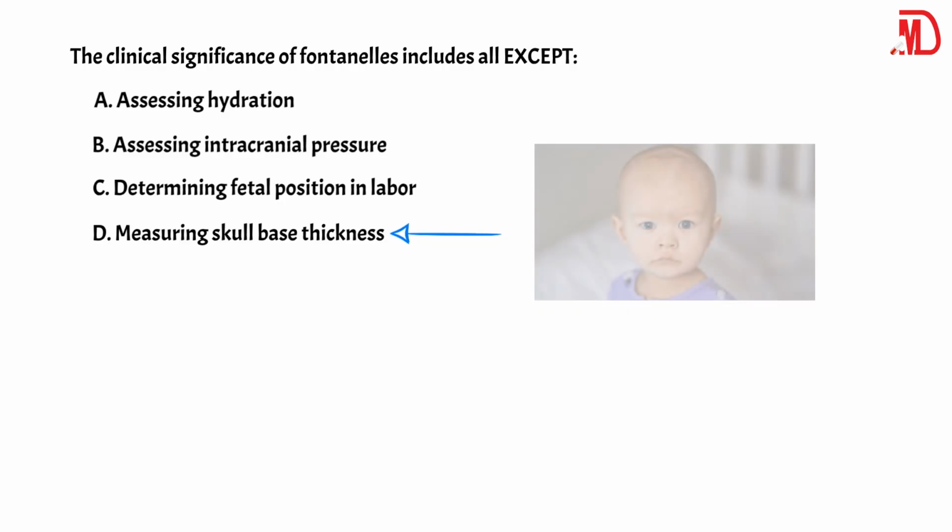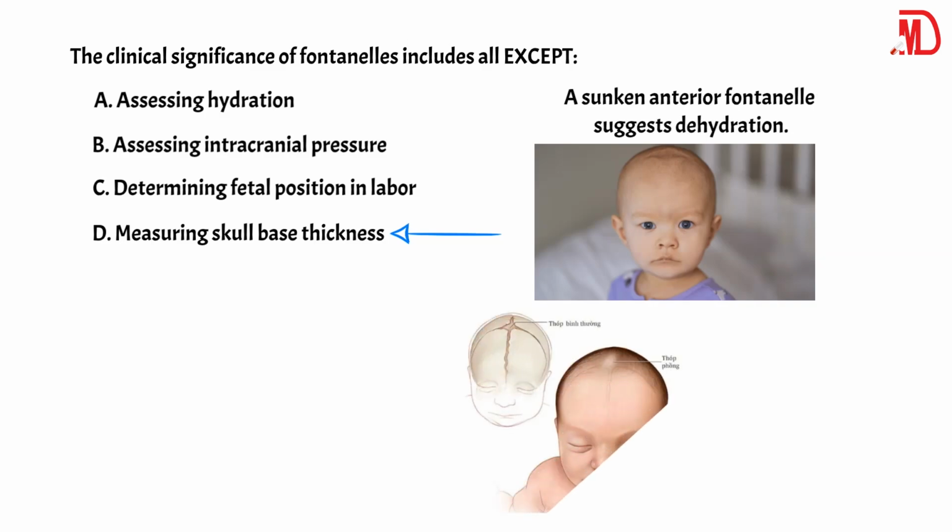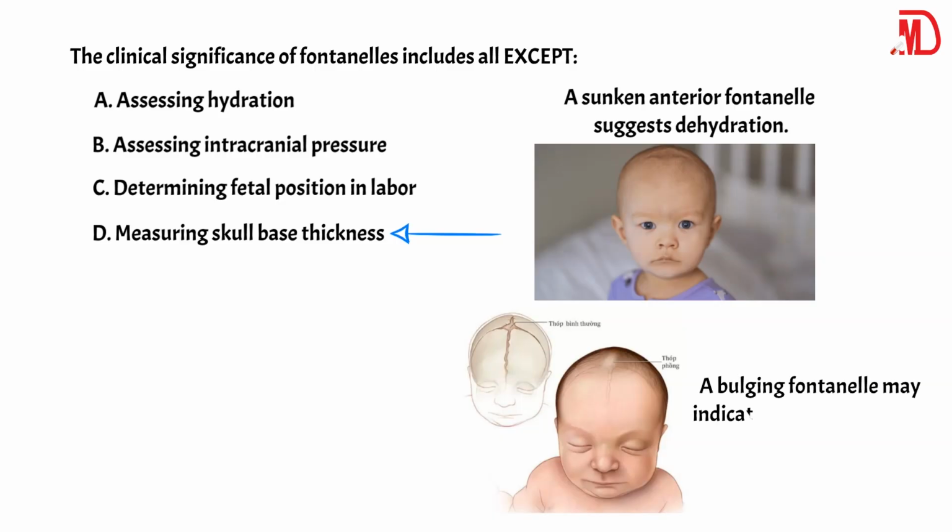A. Assessing hydration. A sunken anterior fontanelle suggests dehydration. B. Assessing intracranial pressure. A bulging fontanelle may indicate raised intracranial pressure, for example, meningitis. C. Determining fetal position in labor.